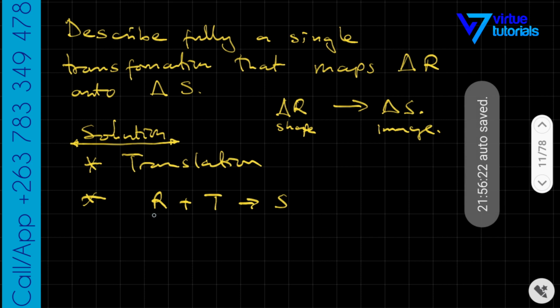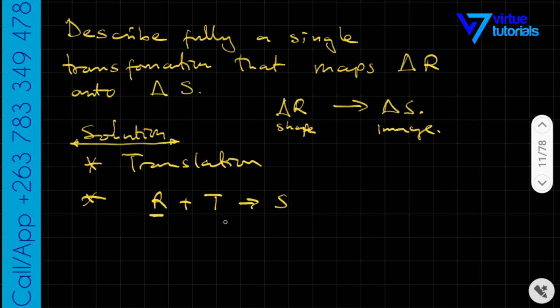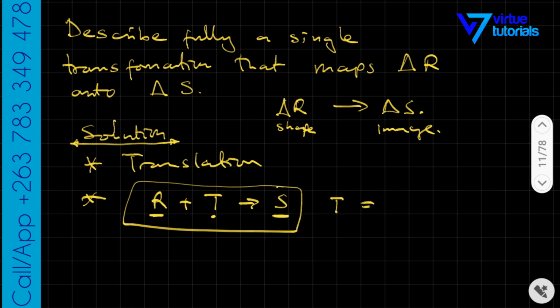So when you take a point on the original shape and you add the translation vector, you should get the point on the image. So if we rearrange this equation, if I take r that side, we get t is equal to s minus r, right?